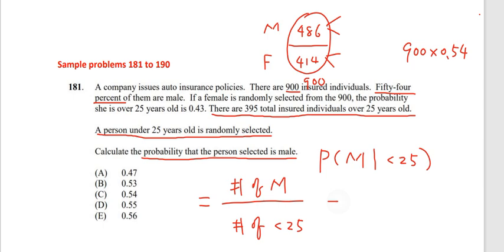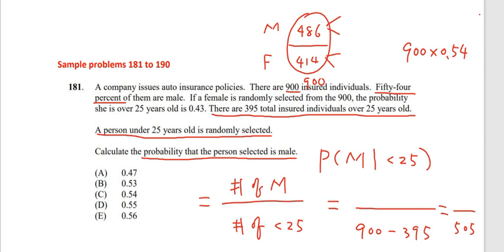So under 25 is 900 minus 395, which equals 505. Among these 505, how many are male?